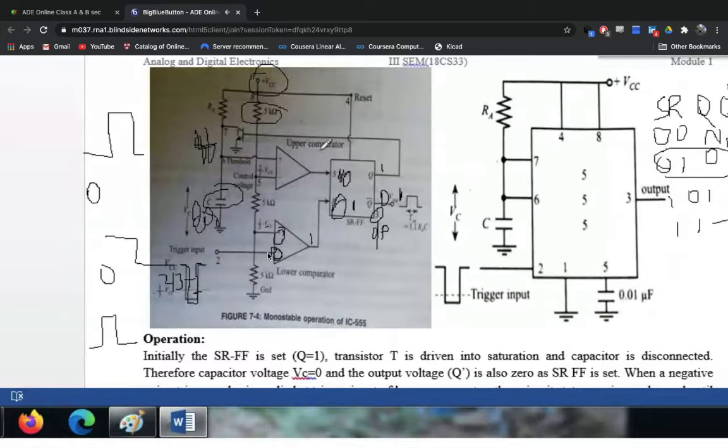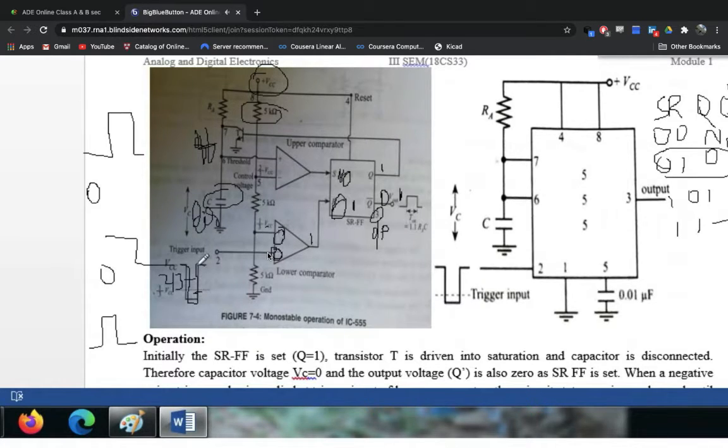Once the value here goes above 2/3 VCC, so here the voltage at this point is 2/3 VCC. Once this voltage crosses this 2/3 VCC, what happens? Before that I should tell, in this negatively going trigger, after going back to 0, again it rises, correct?